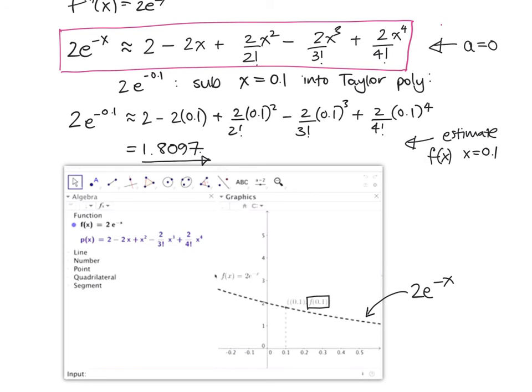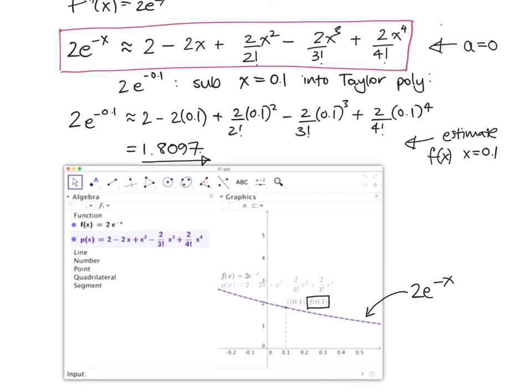So we want to try and estimate that value. So what we did was we found a Taylor polynomial that approximates that function, which I've got over here. And if I plot that in purple, you can see that we found a very good estimate for 2e to the minus x.